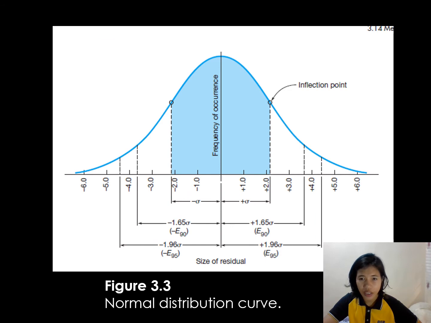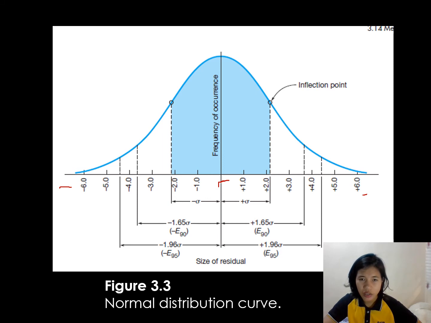So, this is now the output of the normal distribution. Yung horizontal line, ito yung size of the residual. Ito yung negative, kanina negative 5.25 until sa pinaka-positive. So, from the left is negative, 0 here, and a positive.